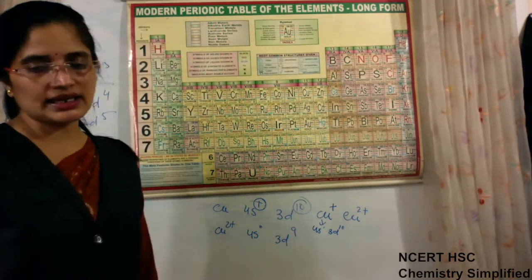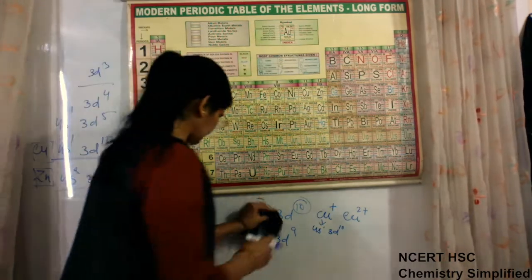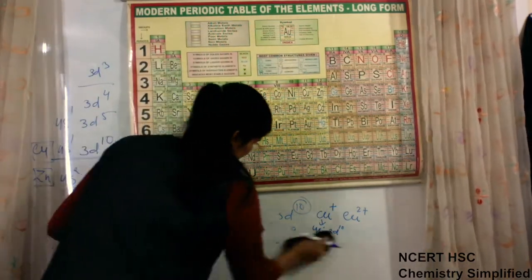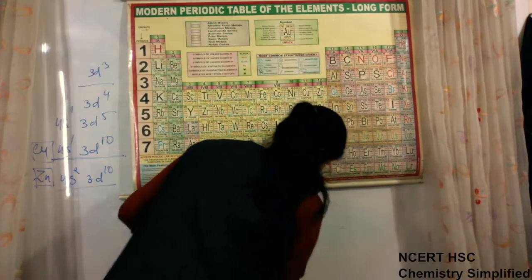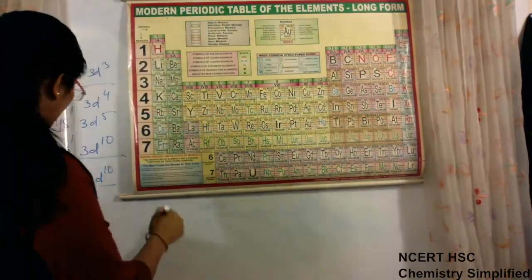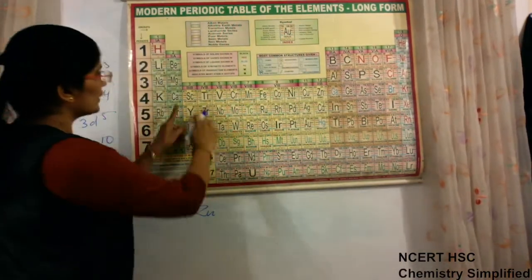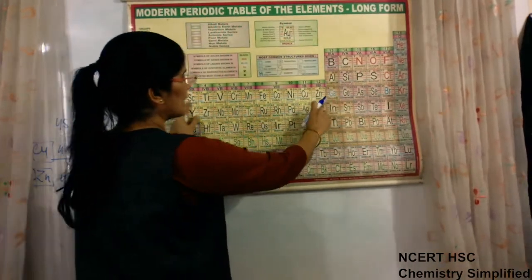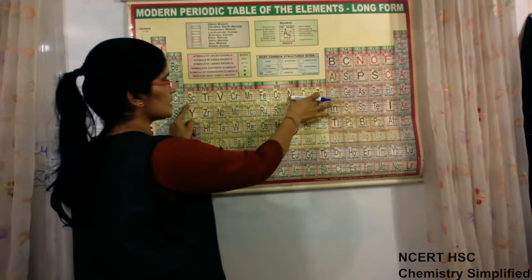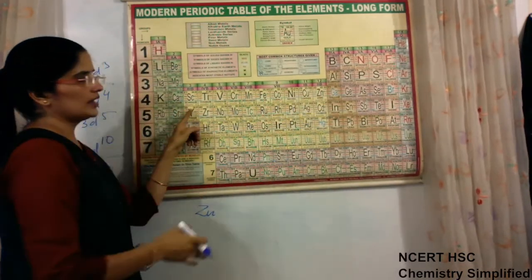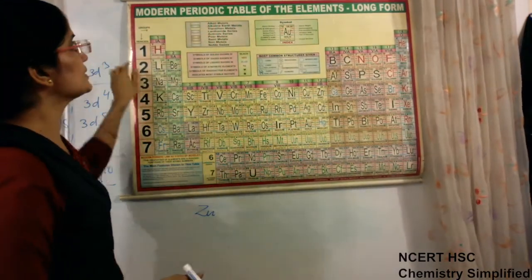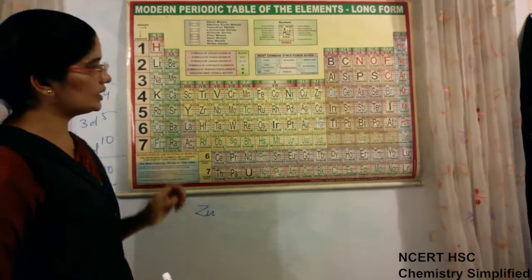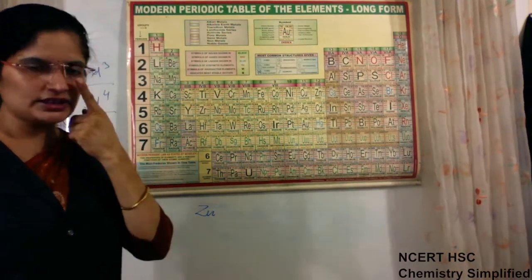But zinc is not. Why is zinc not? Because if I write the configuration of zinc, though it is present here, scandium to zinc, group number 12, and we said that all these elements are known as transition elements, in which the last electron is going in d and they have incompletely filled d orbitals.